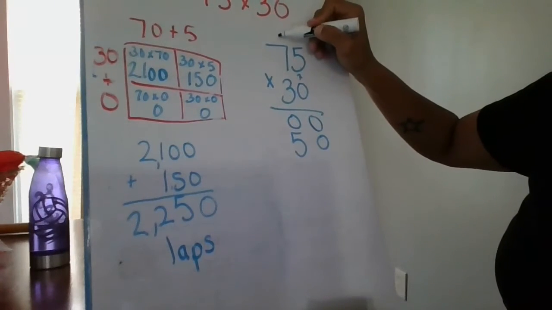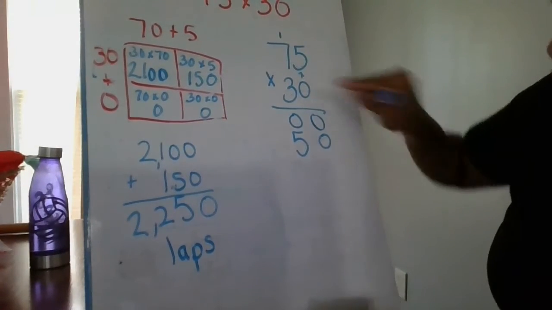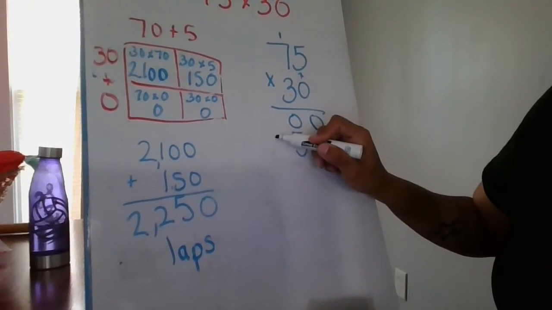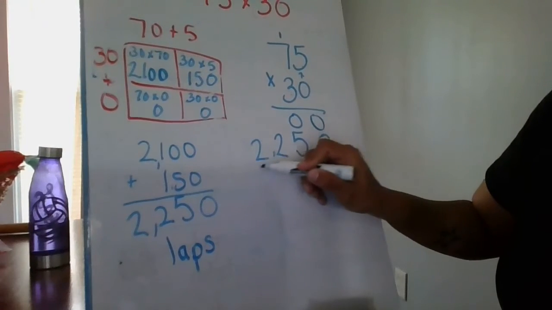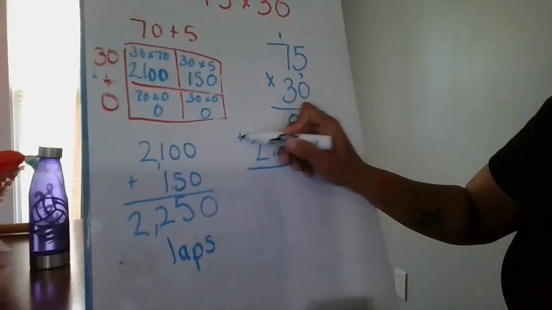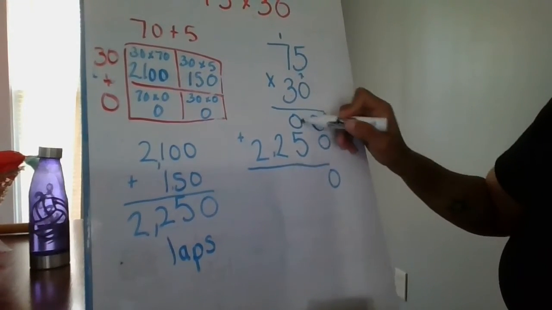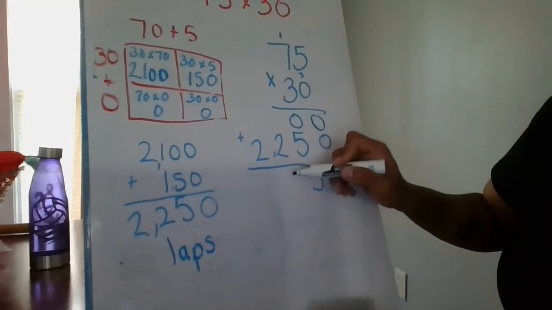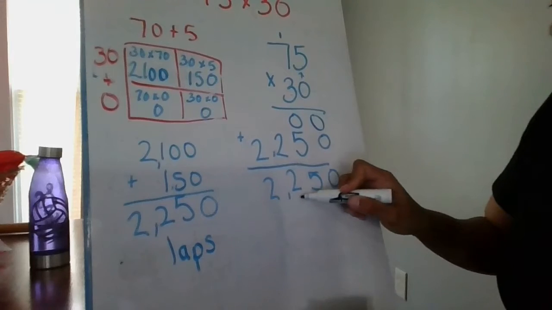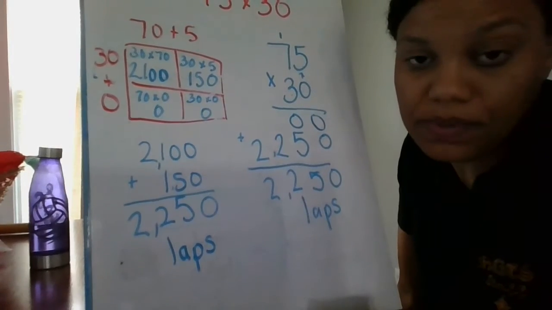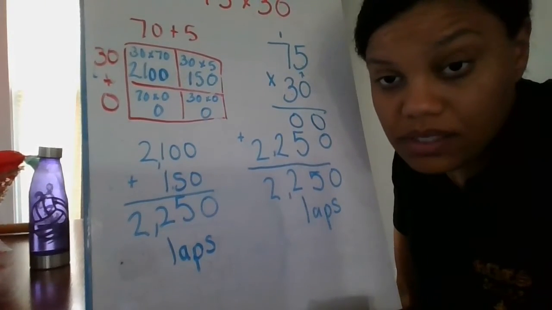I put a 5 and I carry my 1. 3 times 7 is 21, plus 1 more, 22. And I add those up. 0 plus 0, 0 plus 5, drop my 2, drop my next 2. So regardless, the amount of laps, 2,250 laps.